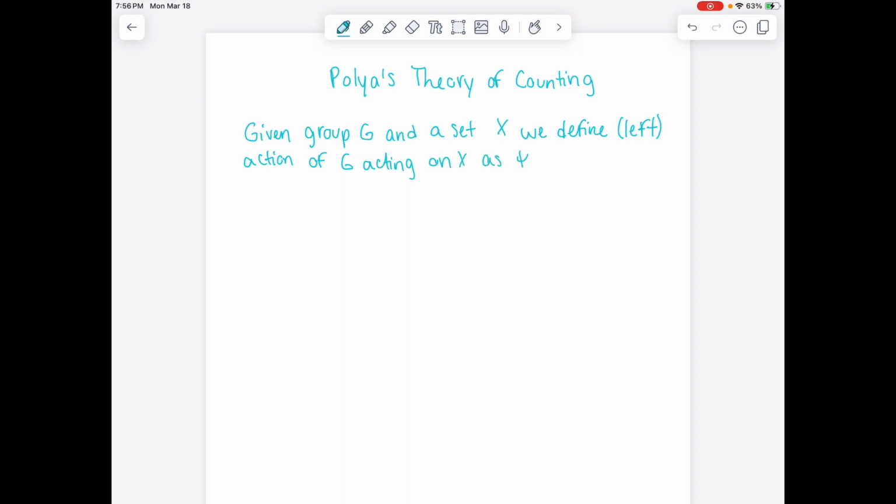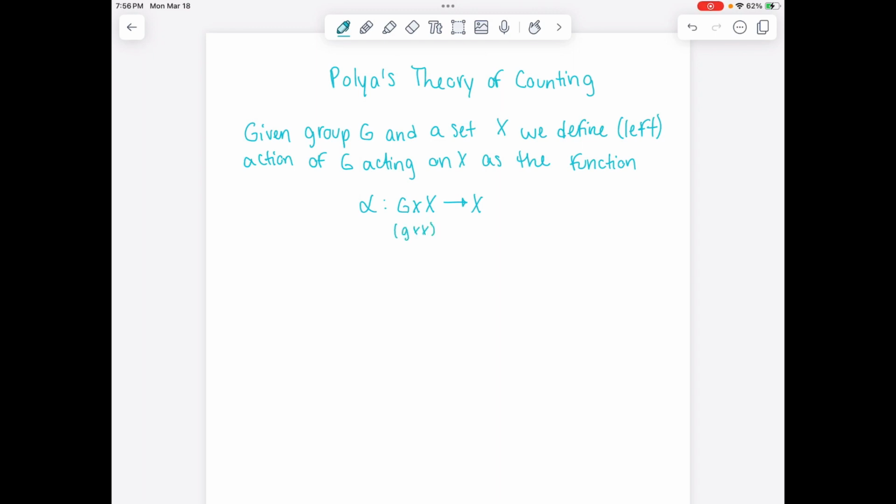as the function, we can call it alpha, from G cross X to some permutation in X, or we'll use it with permutations.